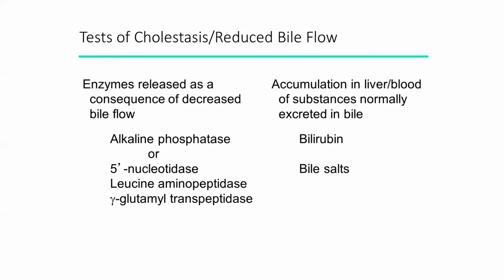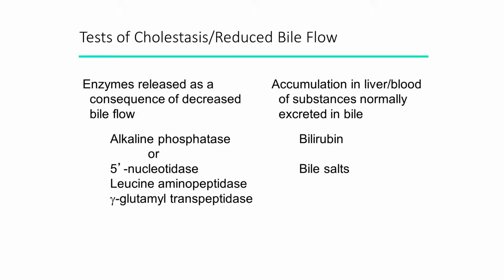So let us now go to a discussion of the tests for cholestasis, or reduced bile flow. Enzymes released as a consequence of decreased bile flow include your alkaline phosphatase, the 5' nucleotidase, leucine aminopeptidase, and your gamma glutamyl transpeptidase, or your GGT.